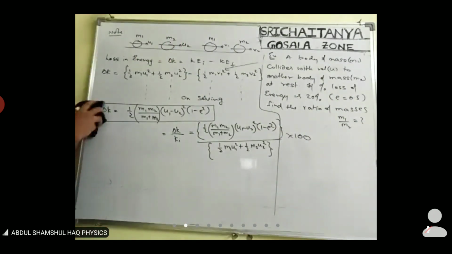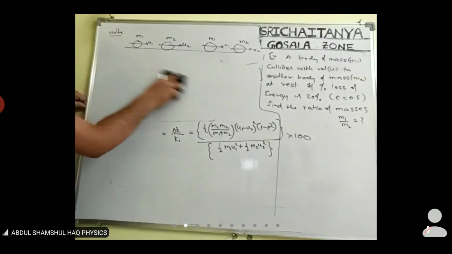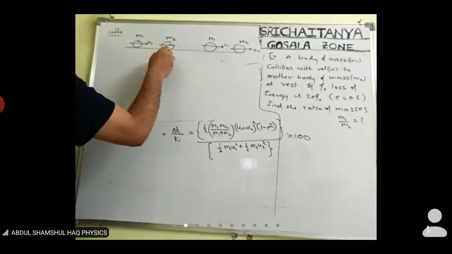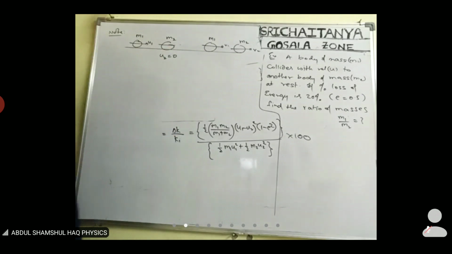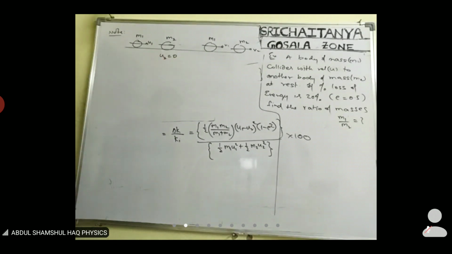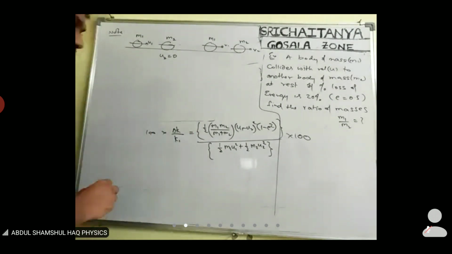So here is a situation, students, where in this problem the second body is at rest. So u2 is equal to 0. Let us see what we get. The value delta K by K into 100 is given as 20%.